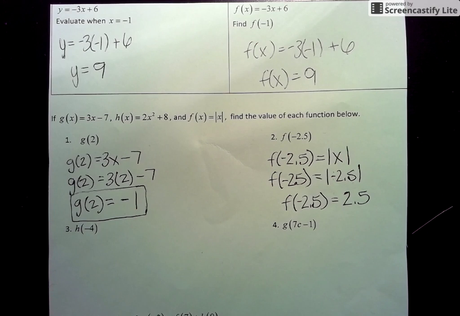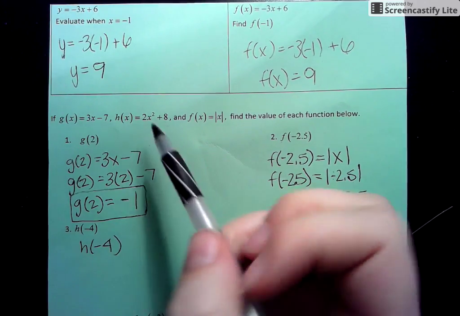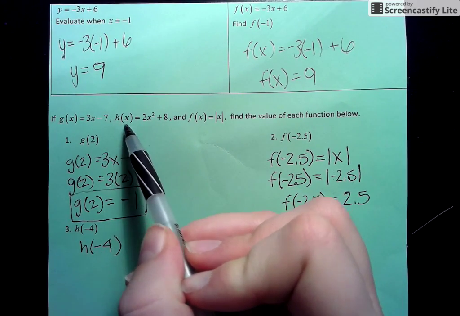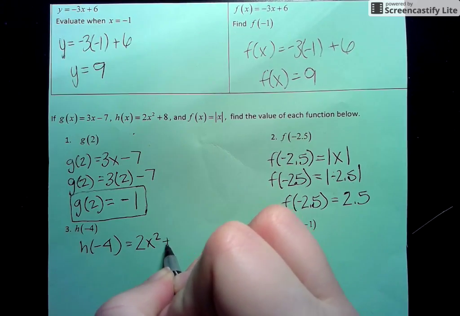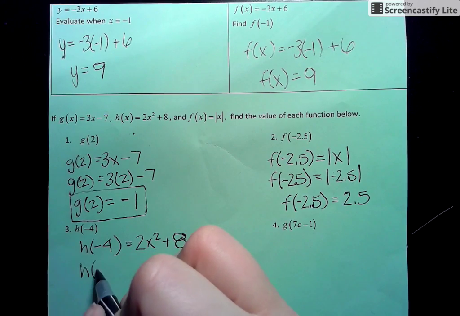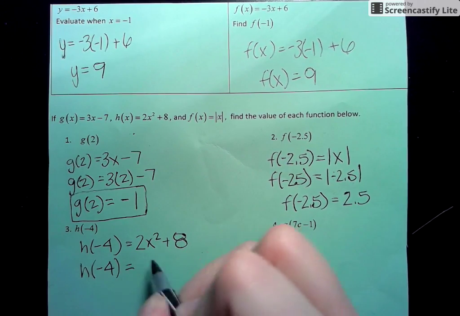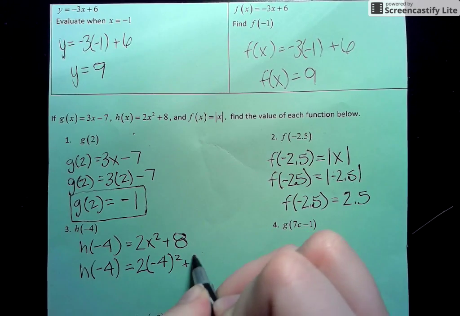So our next equation is h of -4. So we have h of -4. We're going to use this equation because it's an h, and it's going to be equal to 2x squared plus 8. So what's going to happen is it's going to be h of -4 is equal to 2 times (-4) squared plus 8.